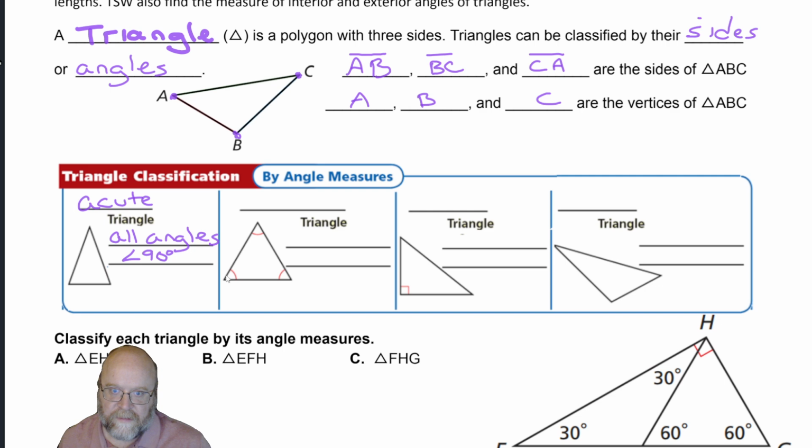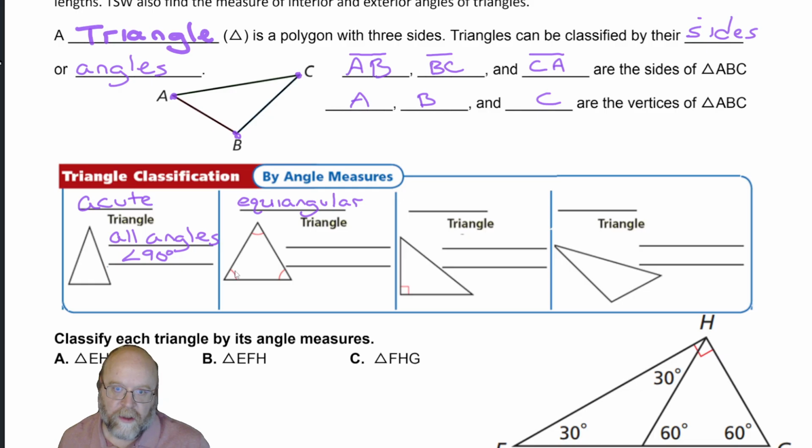This is three congruent angles. It's called equiangular. Equal angle. Equiangular.